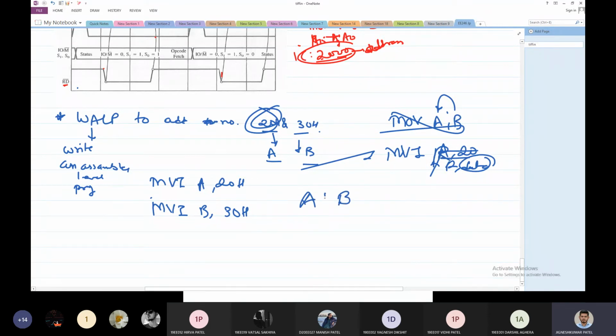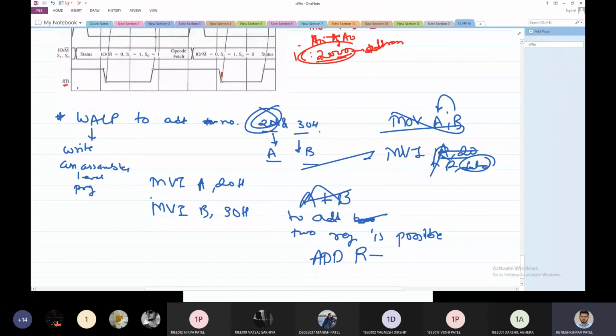Now the question is how to add these two. You don't know how to do that. To add two registers is possible in 8085 by using the ADD instruction. How is it written?